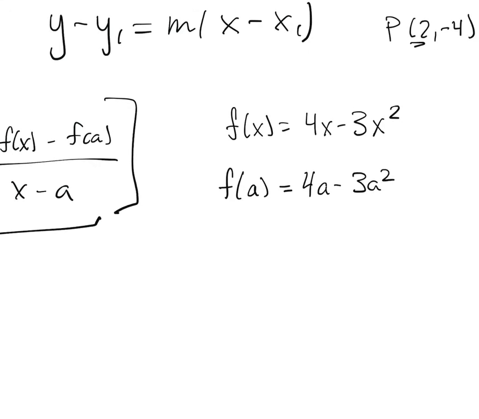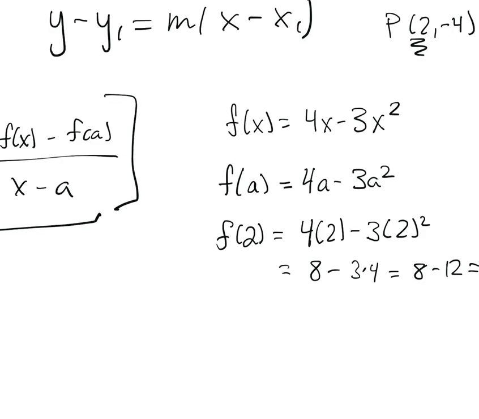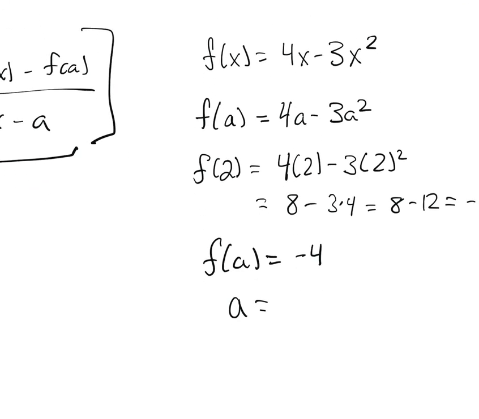Our a value is equal to 2, so we can take f of 2 is equal to 4 times 2 minus 3 times 2 squared, which would be equal to 8 minus 3 times 4, which is equal to 8 minus 12, which is equal to -4. So we know that f of a is equal to -4, and a is equal to 2.